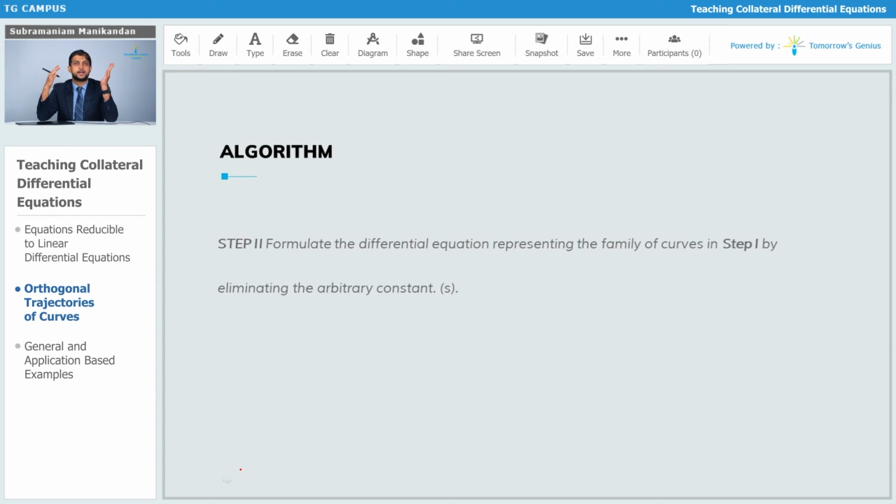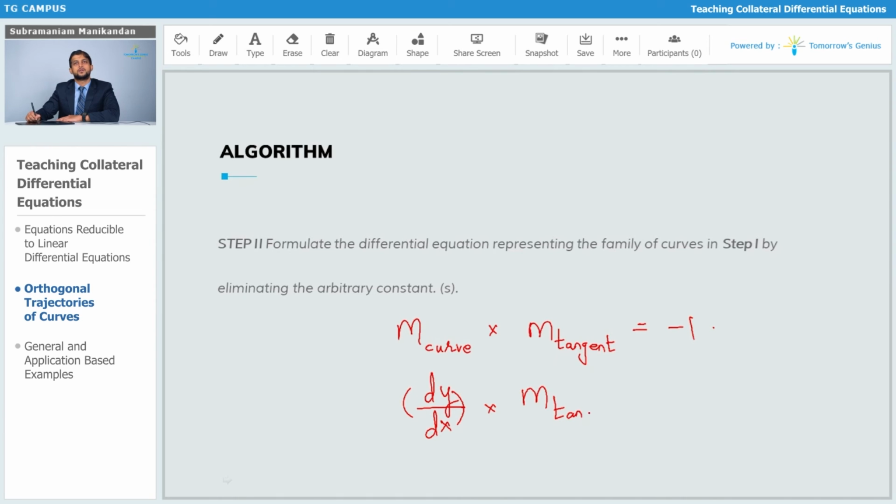The slope of the curve at some particular point times the slope of the perpendicular at that point should equal -1.